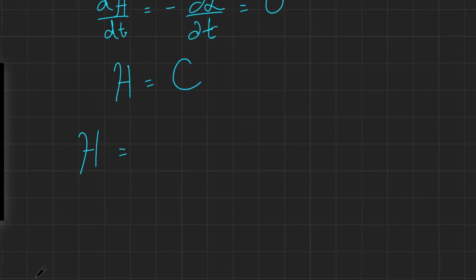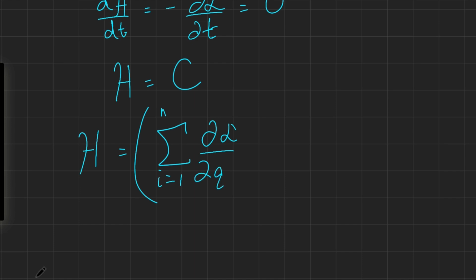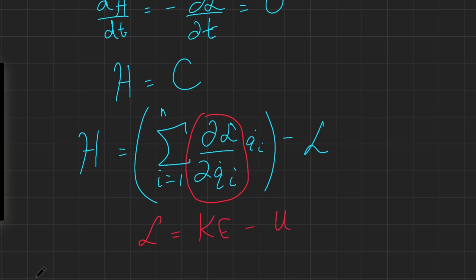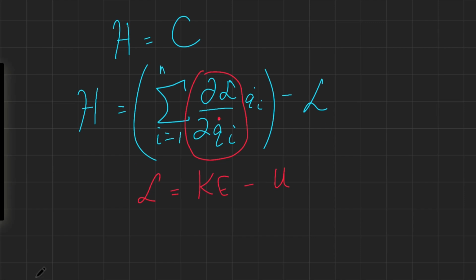So we know that the Hamiltonian is defined as the sum from i equals 1 to n of partial L over partial q̇_i times q̇_i minus the Lagrangian. Well, we know that this is the momentum, and this is easily seen by differentiation. We know that the Lagrangian is the kinetic energy minus the potential, and if I take the derivative with respect to q̇ of the ith axis, the potential vanishes.